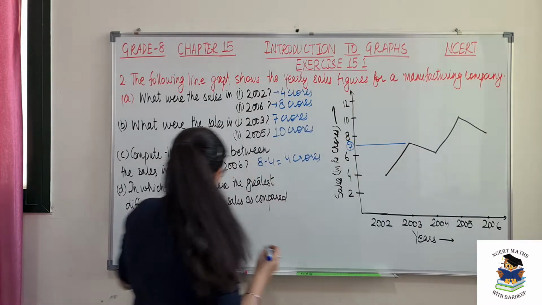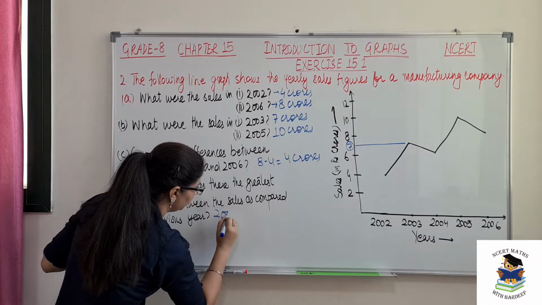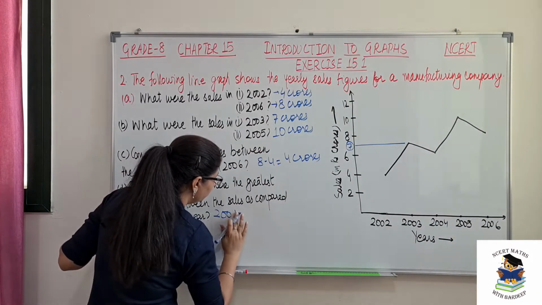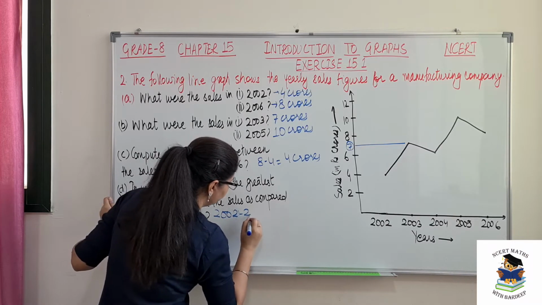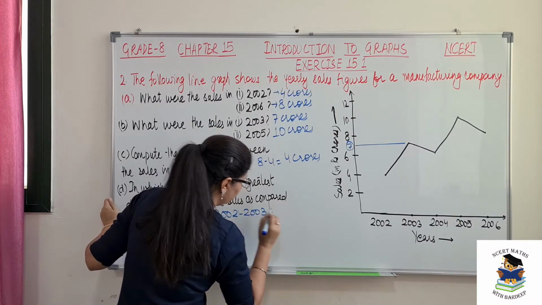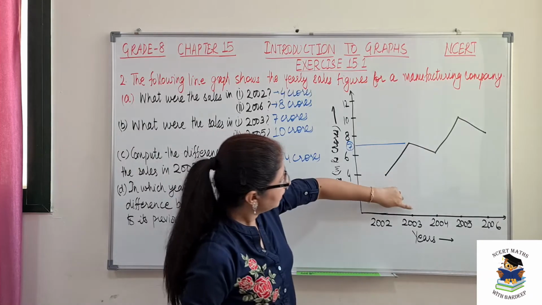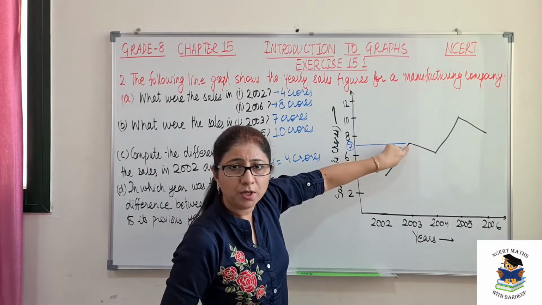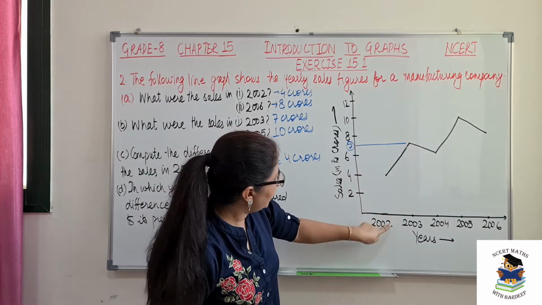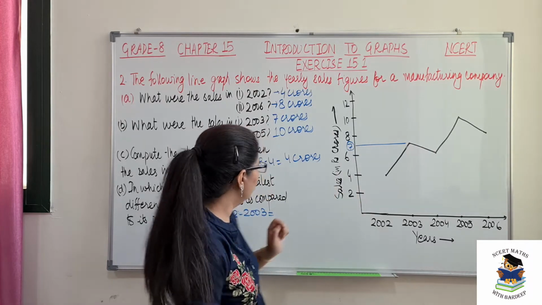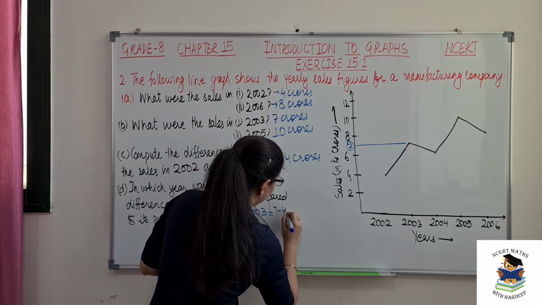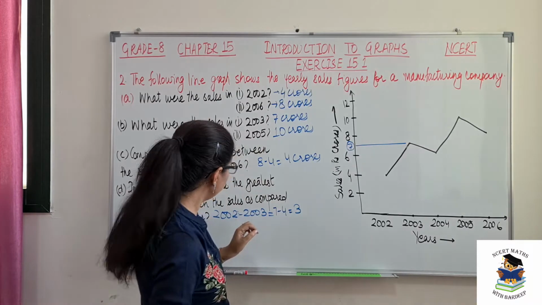The difference is, let's write it here first. So 2002 and 3 first. So 2 and 3. So what is the sales at 2003? This is 7 and for 2 it is 4. So difference is 7 minus 4, that is 3 crores.